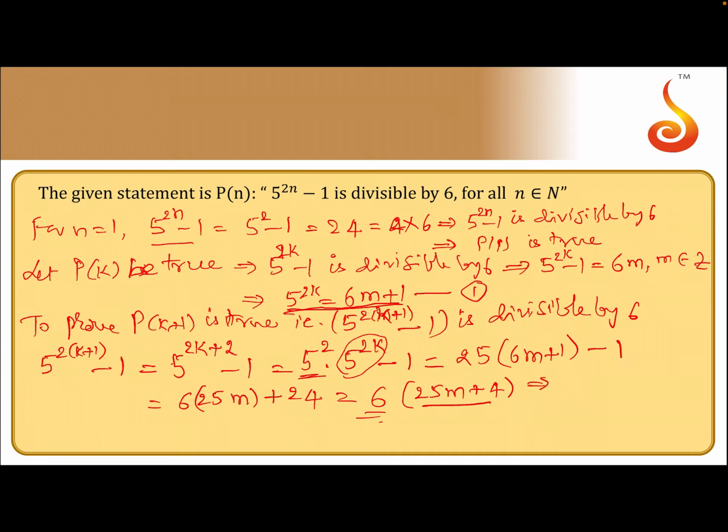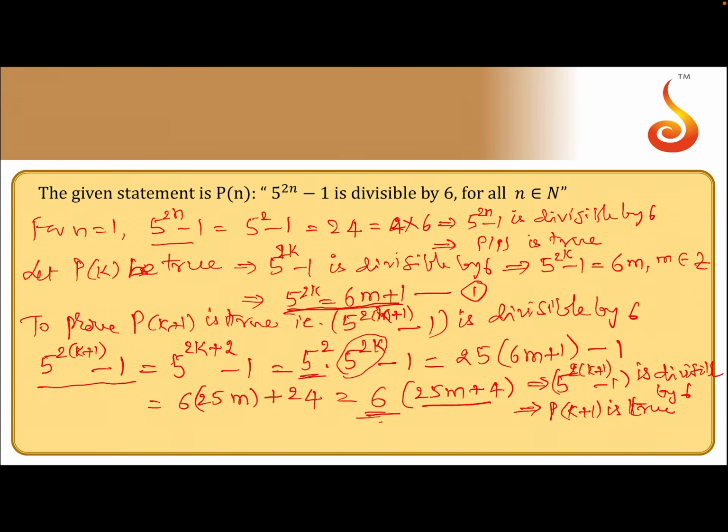Since the right hand side is a multiple of 6, the left hand side term is a multiple of 6. So, that means 5 to the power of 2 times k plus 1 minus 1 is divisible by 6, which implies the statement P k plus 1 is true.